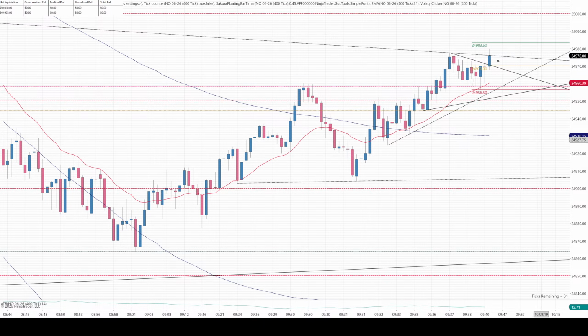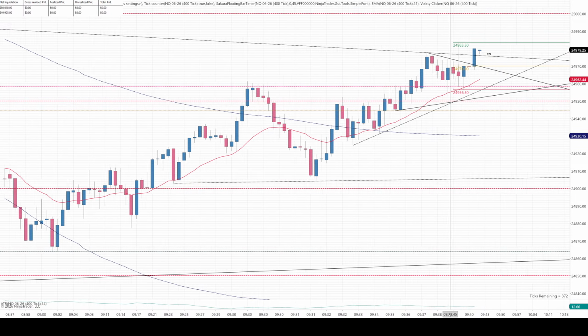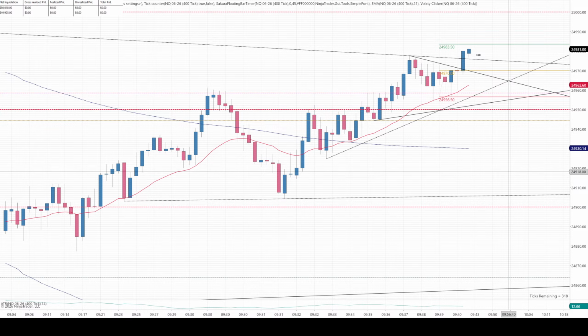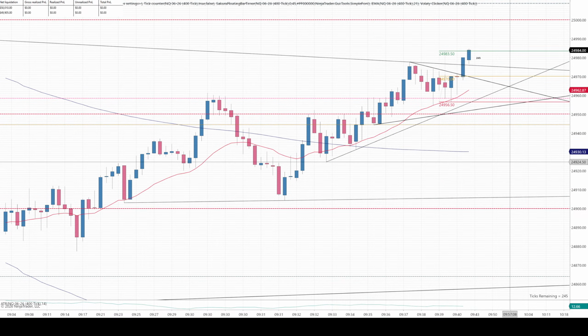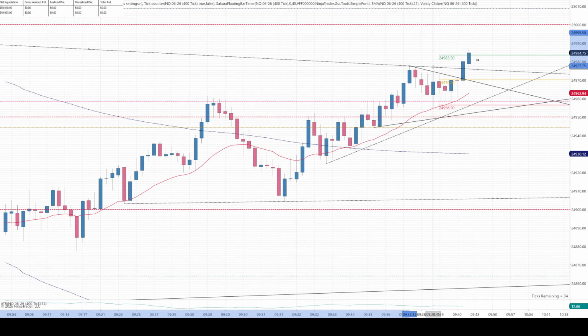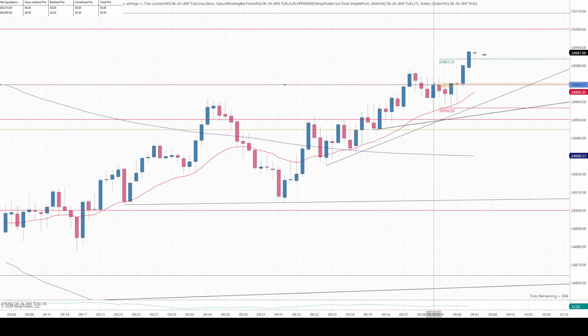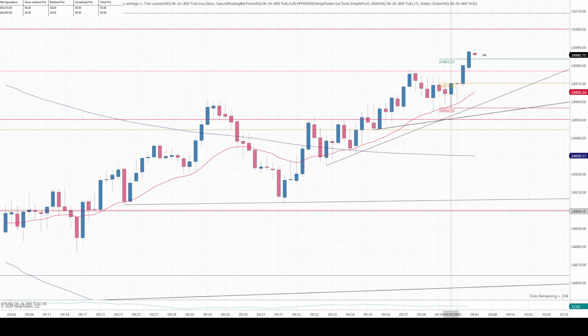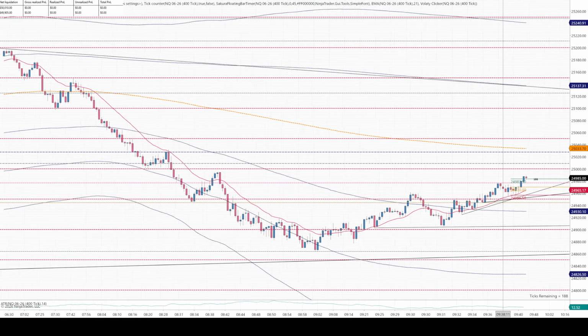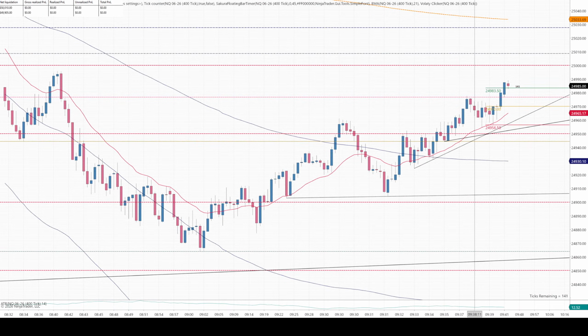There it is. There's the breakout. The ruler also moves up.